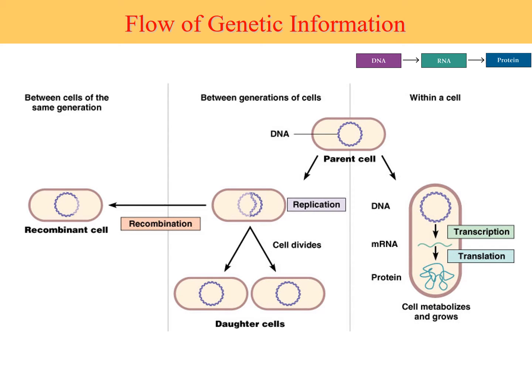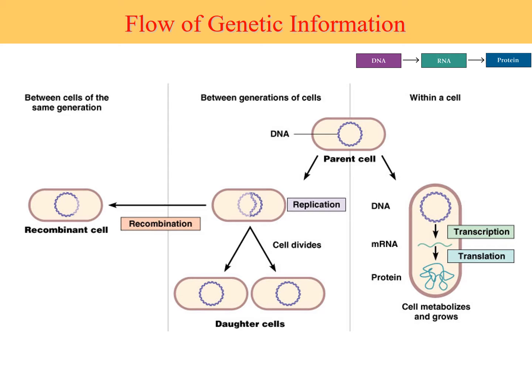Okay, now there's certain directions in which information flows from the genome. The information in the genome is used to code for production of new cells or new proteins.